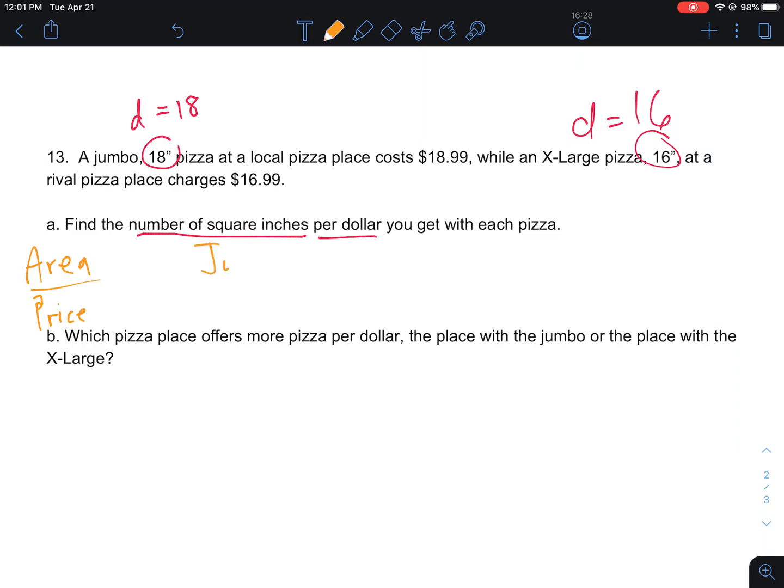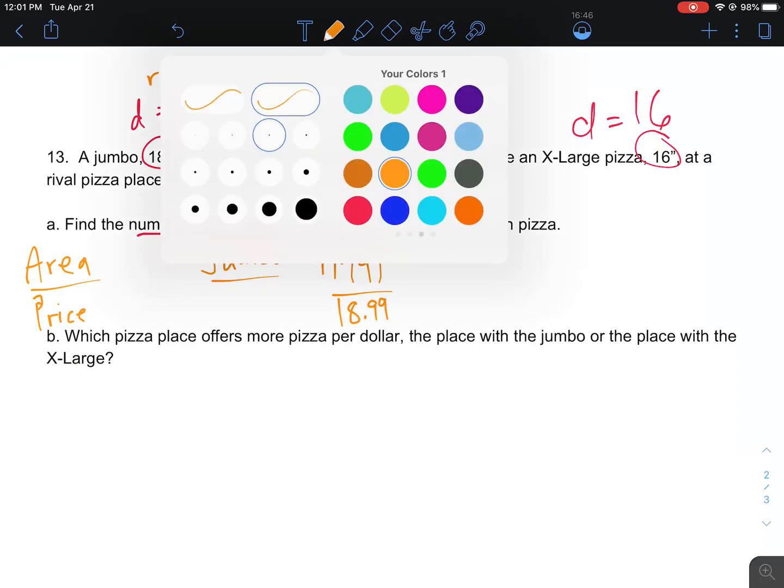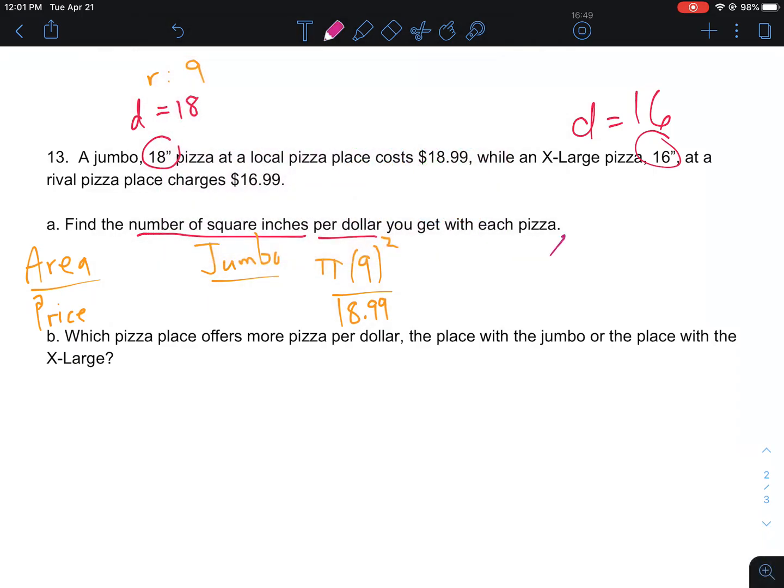All right, so for jumbo, that would be pi r squared. Now remember, this is a diameter of 18, so the radius is 9 for jumbo. So that's like saying pi times 9 squared divided by 18.99, whereas the extra large, XL, is going to be pi times, now that's a radius of 8, so this is going to be pi times 8 squared divided by 16.99.